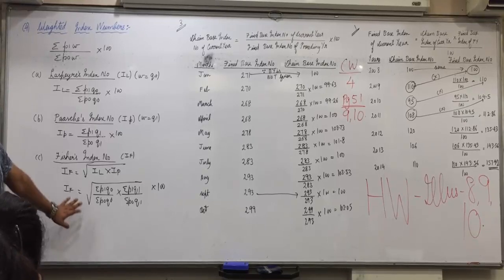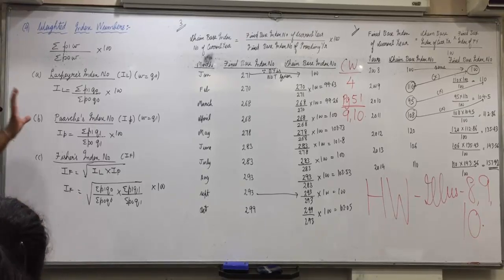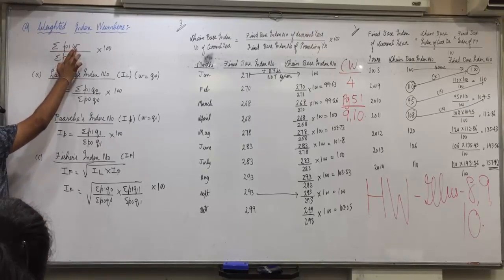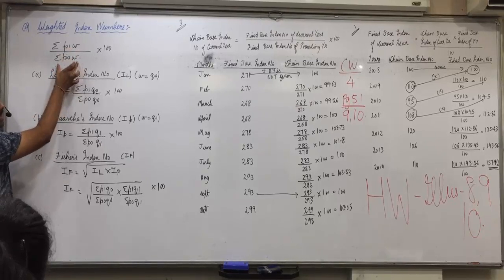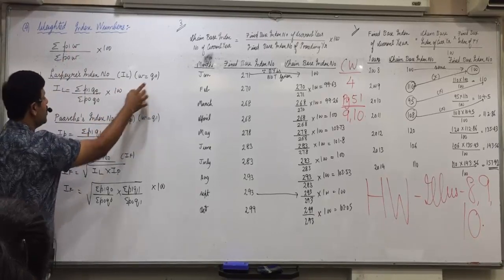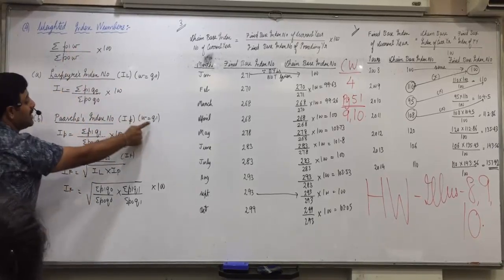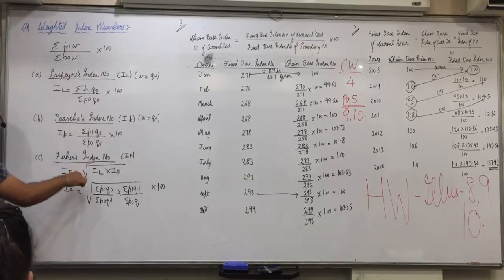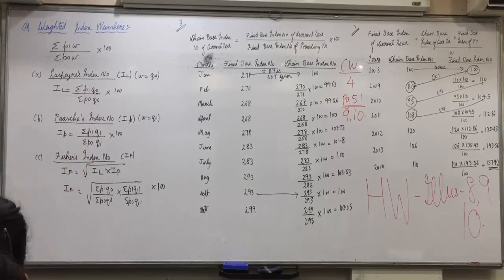Understood this portion, everyone? So what is the base formula you remember? W upon P0. Remember this. And then remember Laspeyres takes this weight as Q0, Paasche's takes this weight as Q1, and Fisher's is the square root. We don't call it a square root, we call it the geometric mean. What is the meaning of geometric mean?